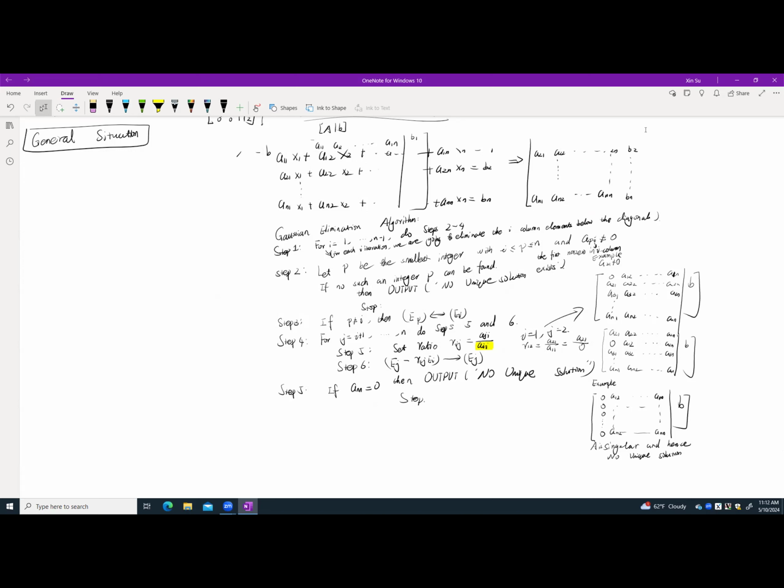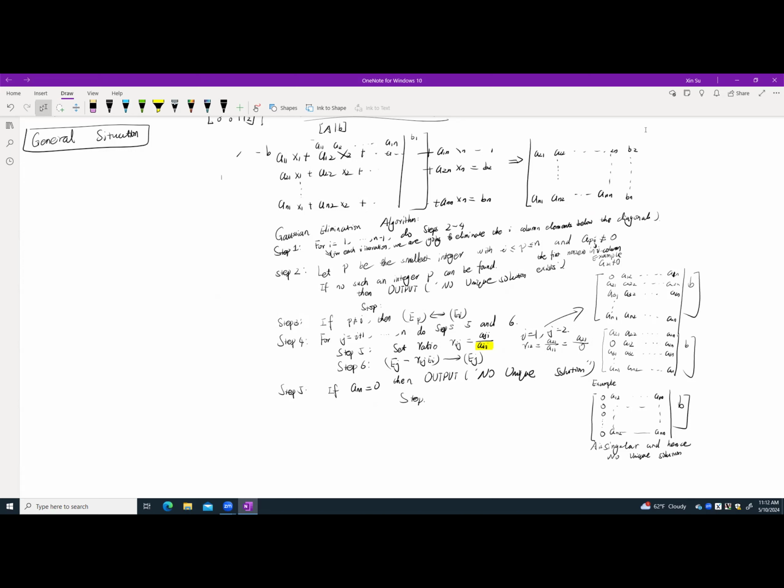We are multiplying the Rij by the Ei, and Ei should already have 0 on the diagonals and a number here. How many elements do we have here? It's m minus i plus 1.